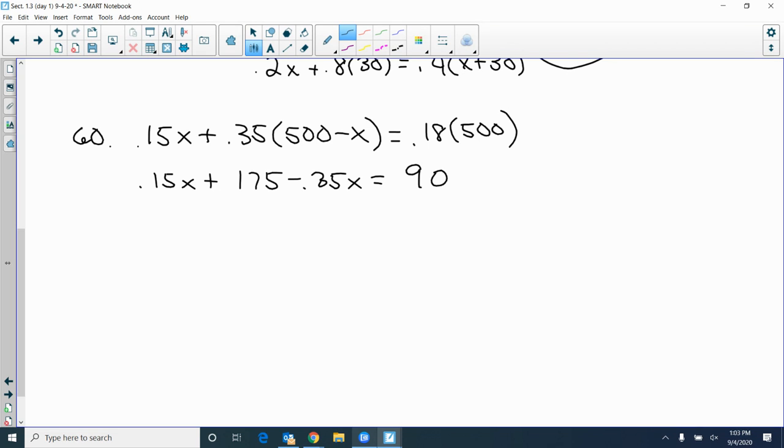So 0.15 minus 0.35 is negative 0.2X. 90 minus 175, is that negative 85? Divided by negative 0.2. Is that one 425?